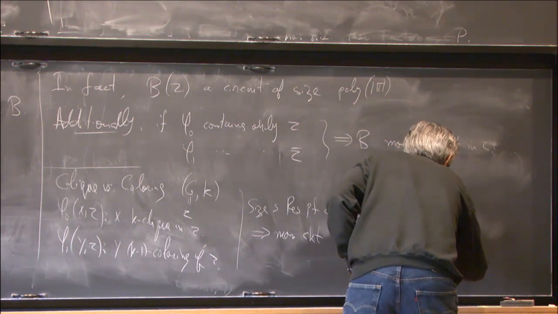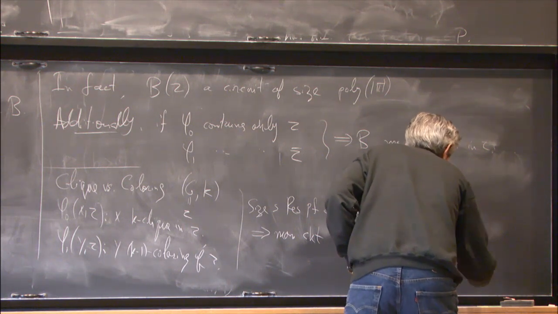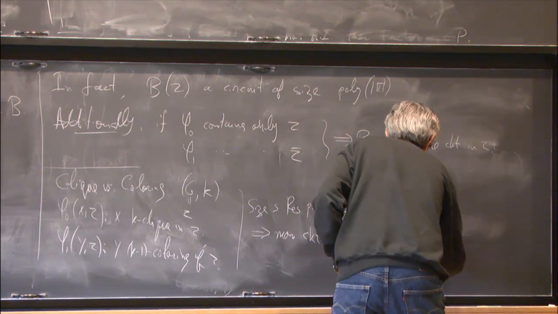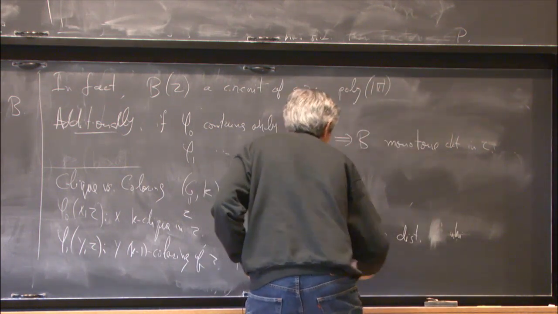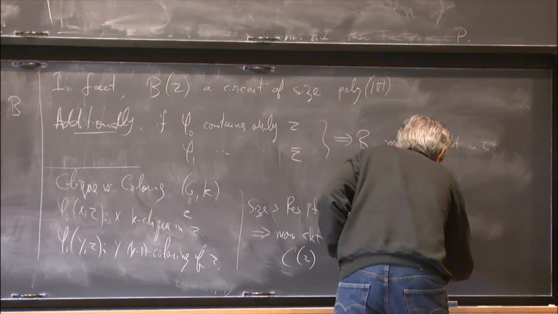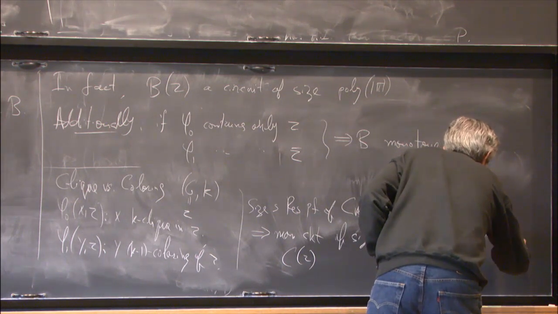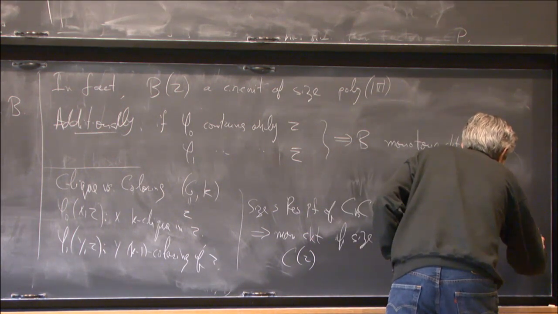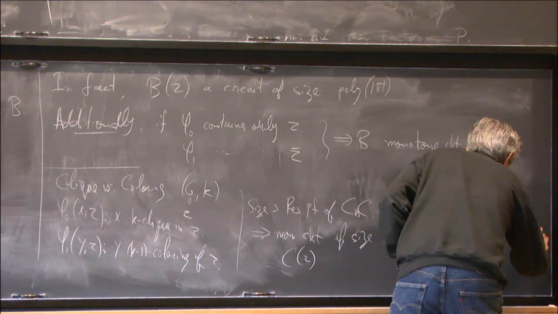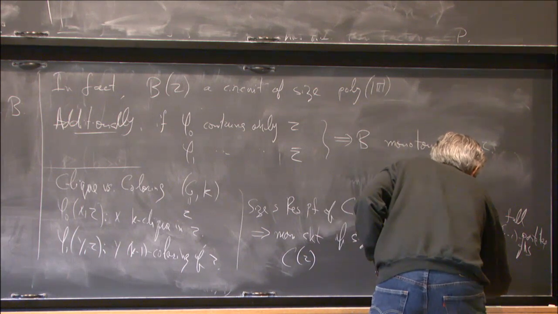distinguishing graphs, let me call it G. Well, let's see. C of Z, distinguishing Z which are full k minus 1 partite graphs or k-cliques.